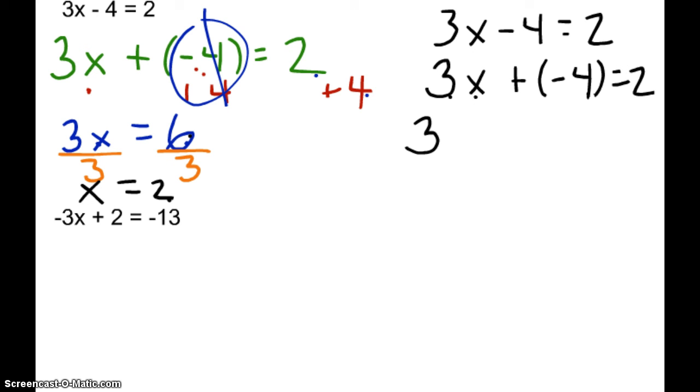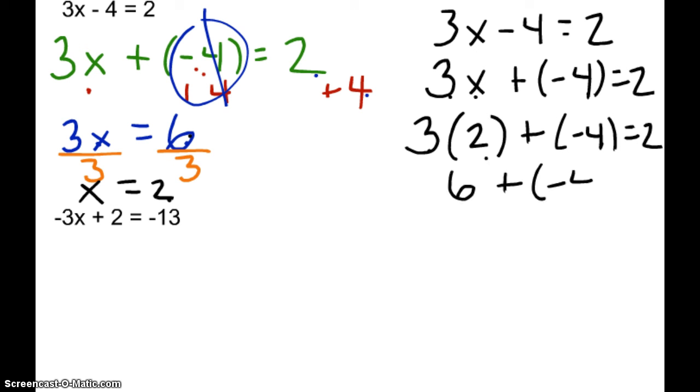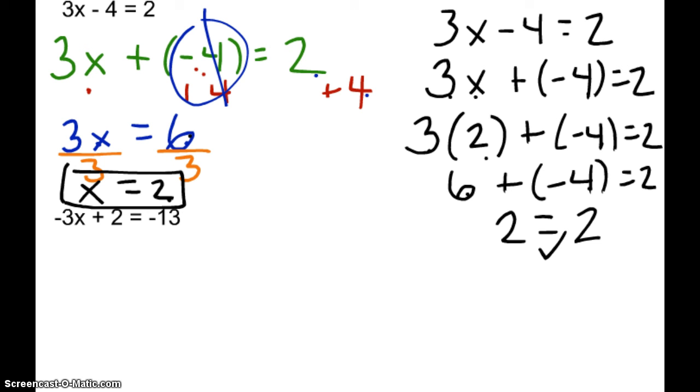So 3 times 2 plus negative 4 equals 2. 3 times 2 is 6, plus negative 4 is 2. 6 positives and 4 negatives is 2 positives, because you have 4 zero pairs, equals 2. And that is a balanced equation, so yes, we were correct that our value of x is 2.